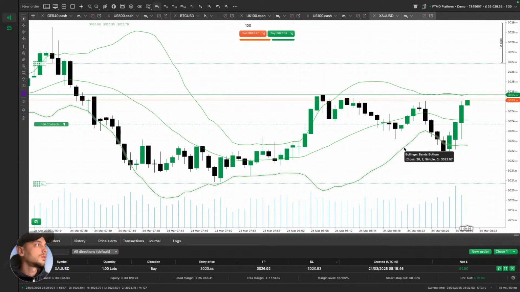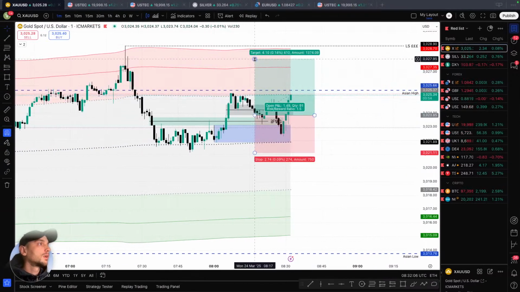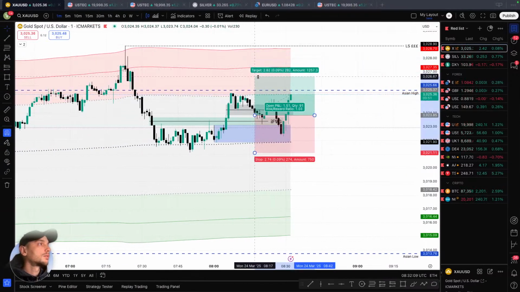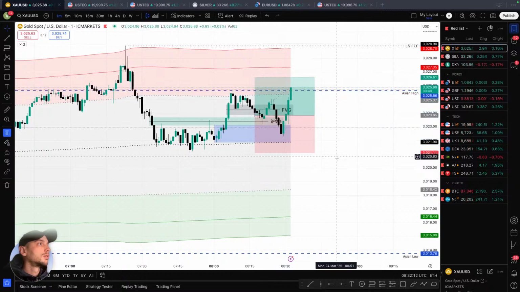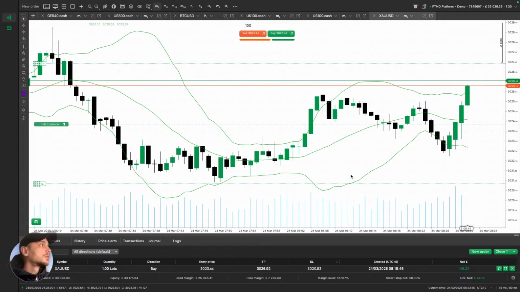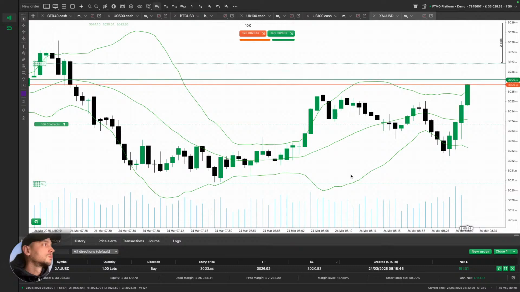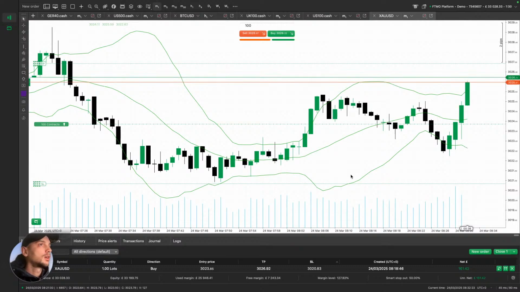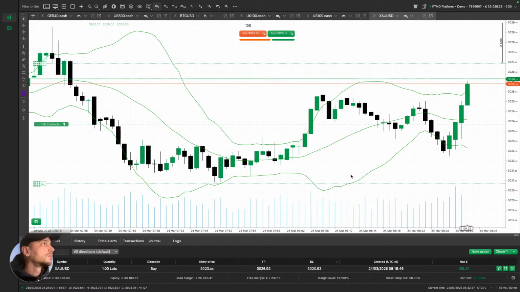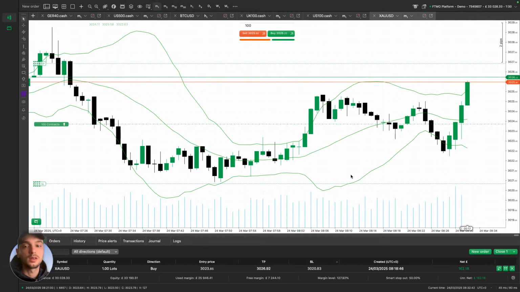So basically on my C trader, I move my TP to 1R. So it looks like this. Come on. Hit our TP. Beautiful candles.